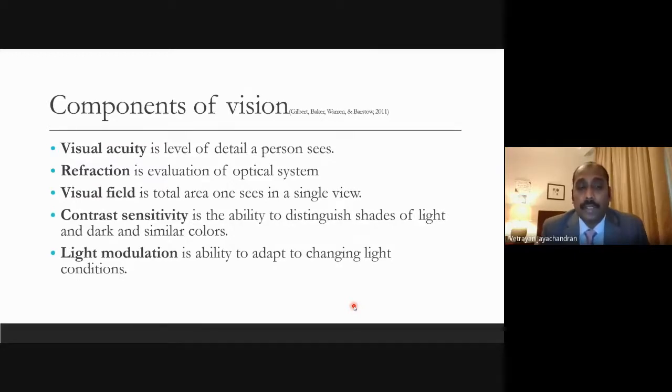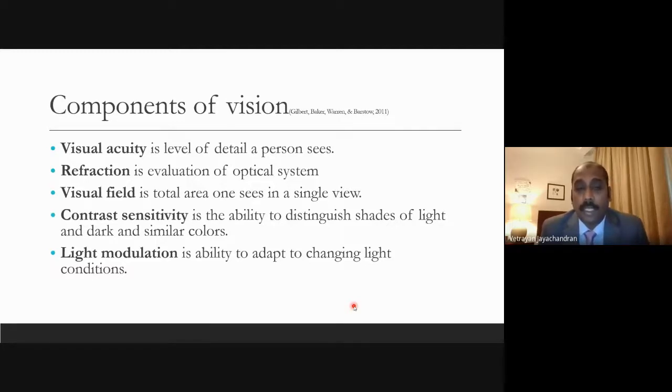And next we are going to see light modulation. Light modulation is the ability to adapt to changing light conditions. For example, when you enter your house from bright sunlight, there is a sudden change in the light. You may experience some darkness or glare, and your eye will take some time to accommodate to the particular environment.